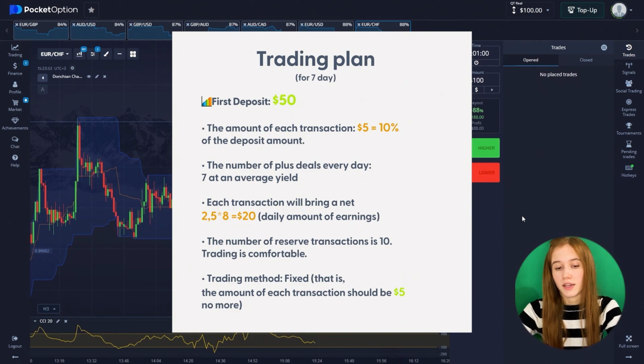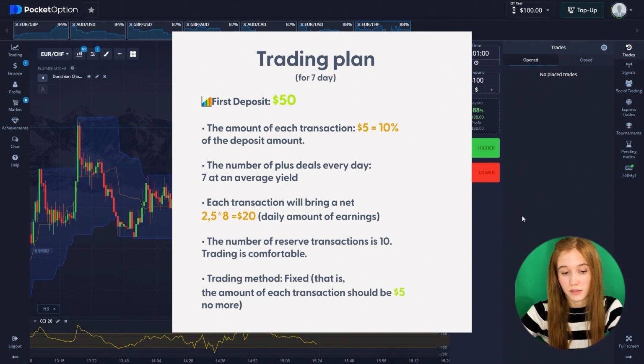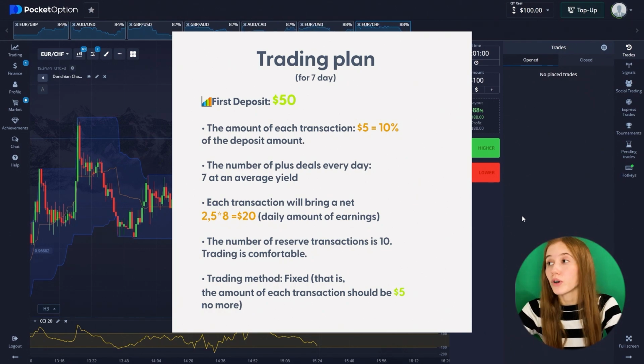The trading plan indicates what your first deposit is. The first deposit is $50. Let's say you have a budget of $50, like most beginners come in with. The more money you can invest, the more profit you can get.